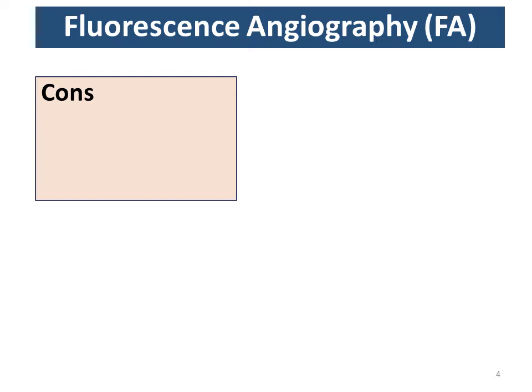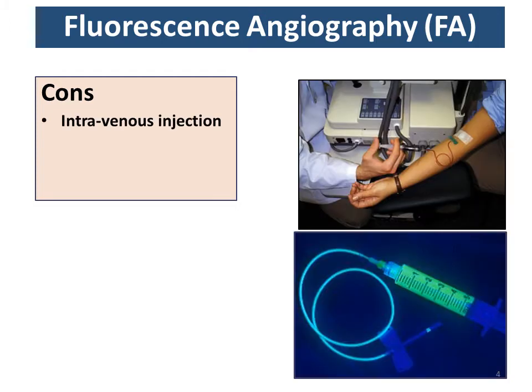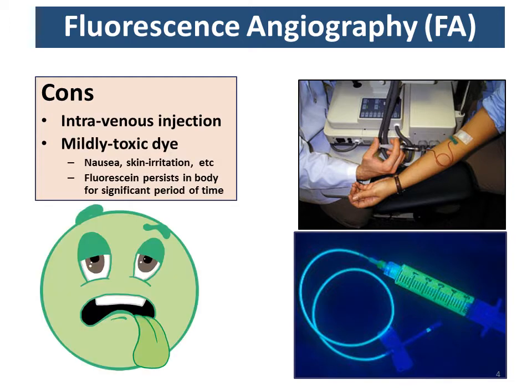Now, fluorescence angiography is a very powerful tool for studying the circulation, but it has a couple of cons, as I mentioned. Intravenous injection, which requires a specialist, and the dye used is mildly toxic, so there is a risk of nausea, quite strong nausea, and a risk of skin irritation.